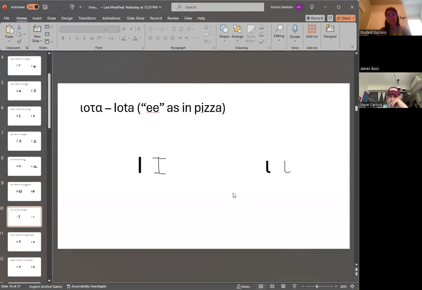Iota looks like our capital I. It sounds like E, as in pizza. So again, capital letter looks like a capital I, lowercase, pretty much an i without the dot and with a little tail just coming around.